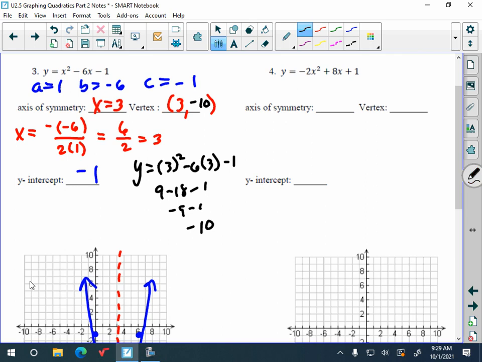All right, number 4. All right, A is negative 2, B is 8, C is 1.